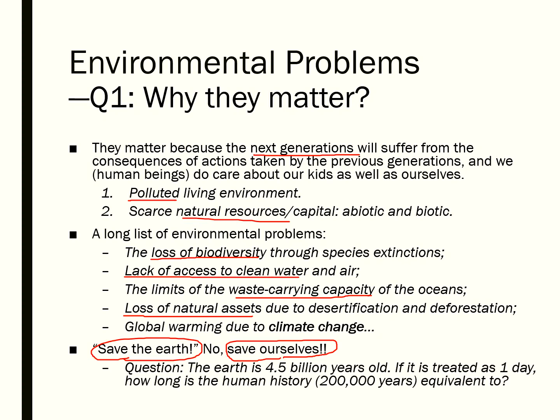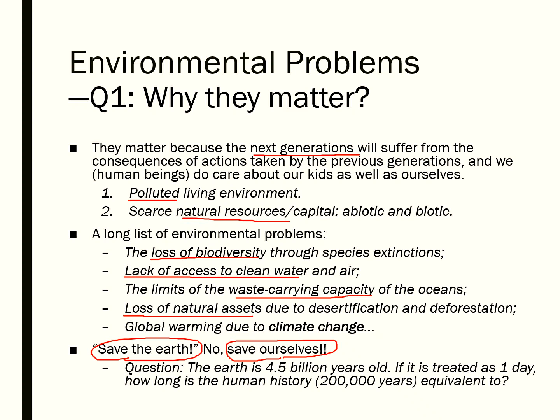The Earth, as we know, is 4.5 billion years old. If 4.5 billion years is treated as 1 day, or 24 hours, how long is the human history of 200,000 years equivalent to? You can pause me now and calculate.